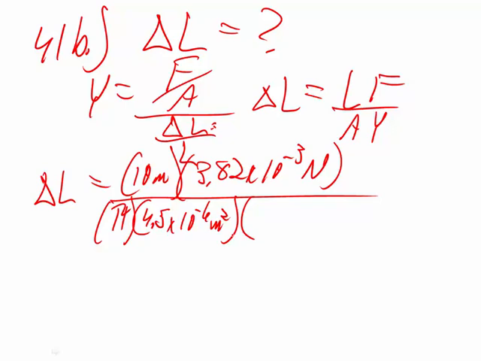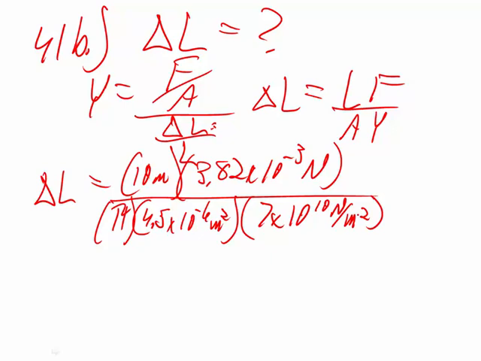No, I'm sorry. It's a glass fiber. Yeah, I picked the wrong number a minute ago, didn't I? It's 7. It is 7 times 10 to the what? 7 times 10 to the 10th newtons per meter squared.